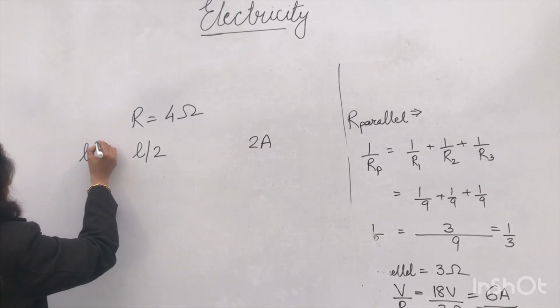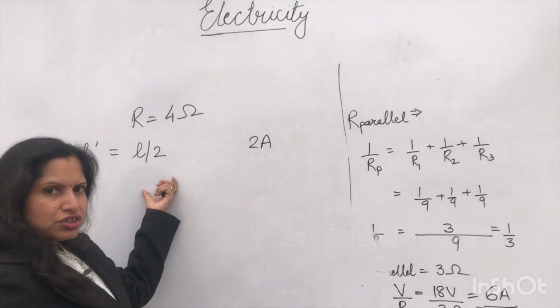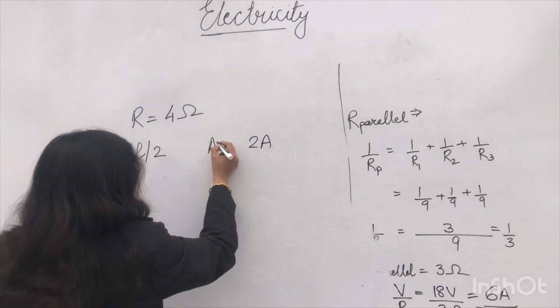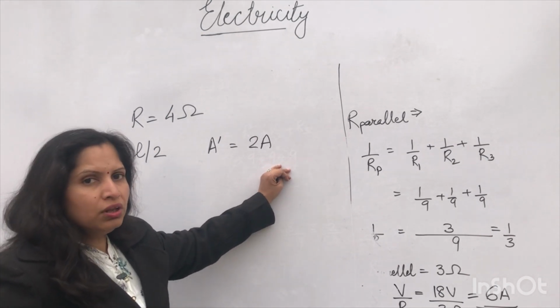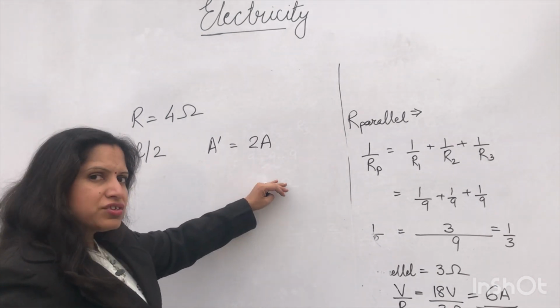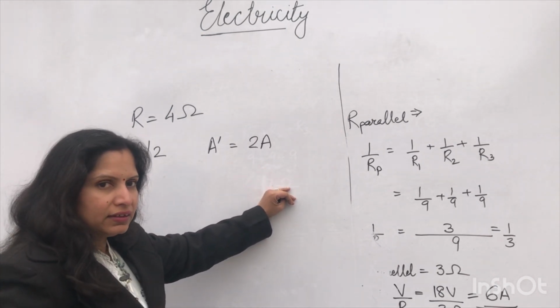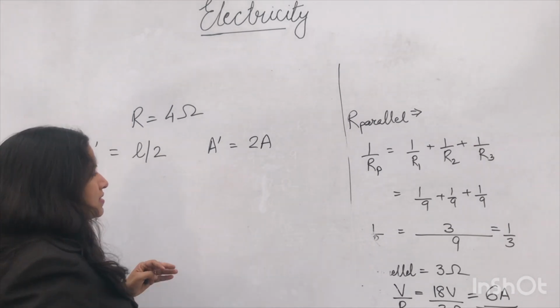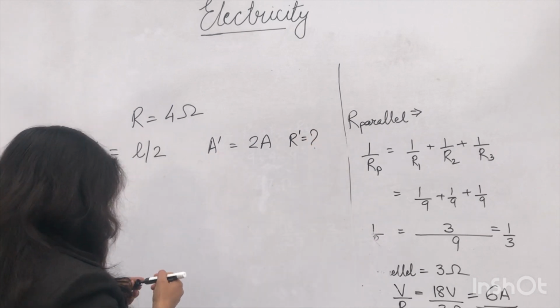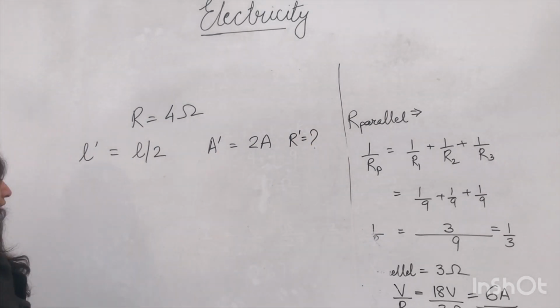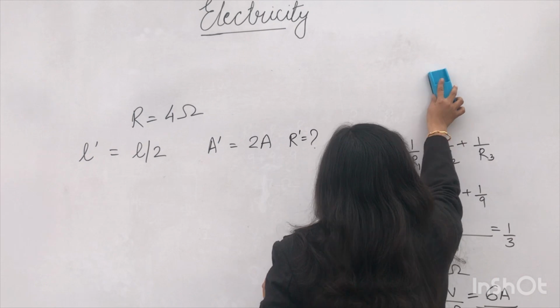Okay, new length is half of the original length and new area is twice the area of the original wire, and the second wire is also made up of the same material. Then what will be the resistance of this new wire? That you have to find out. Calculate that, try to find it out by yourself, and then I'll be solving it on the board.